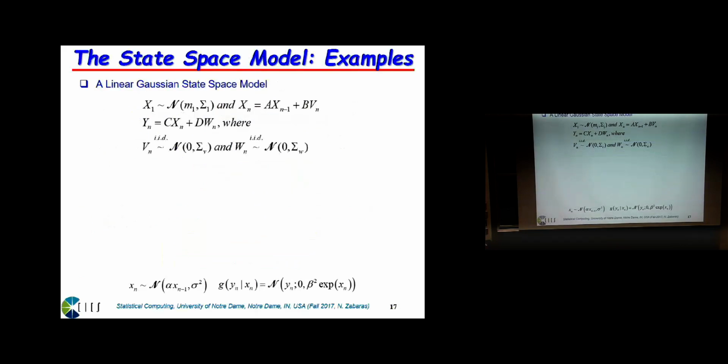So, some examples. This is a linear Gaussian state space model. You start with x1 from a Gaussian. The transitions are defined by this linear equation: Xn is some matrix times Xn minus 1 plus some noise. The observations depend only on Xn.